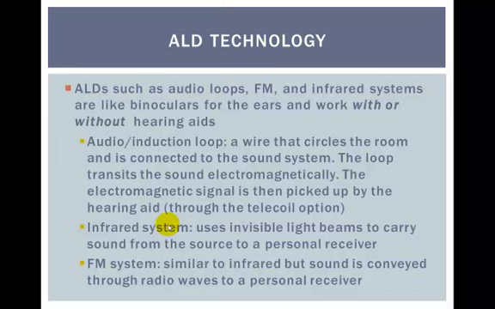So the infrared system is picking up the signal from the television and sending it through a light beam across the room into the headset that the hearing impaired individual has on. So then the other people in the house or in the room who may have normal hearing would not need to have the TV up so loud. Okay.